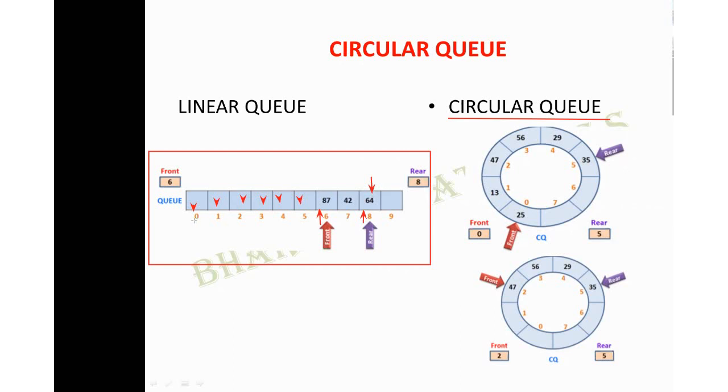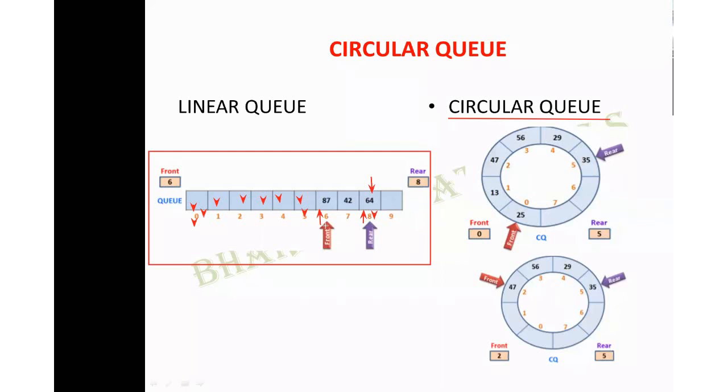And starting from 0 again, you have removed the elements up to position number 5. After removing, the front position is incremented. That is why your front is standing at 6th position.